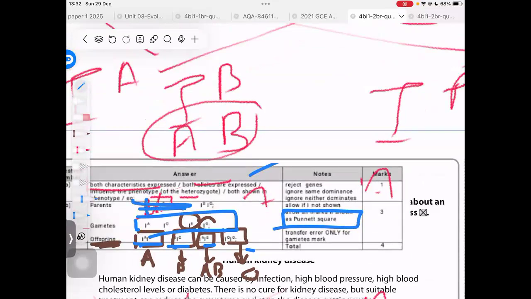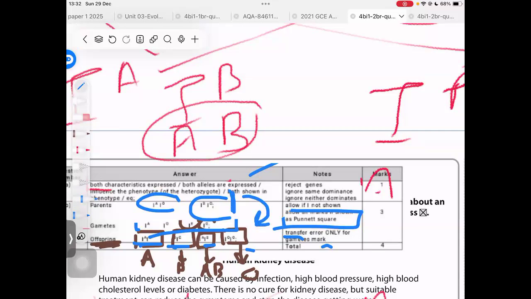Sometimes you could have made an error in choosing the wrong parents. That means if you have not chosen the correct parents, your gametes would also be wrong, right? But I think they have allowed you to transfer the error only for the gametes. So the error is being transferred, right?